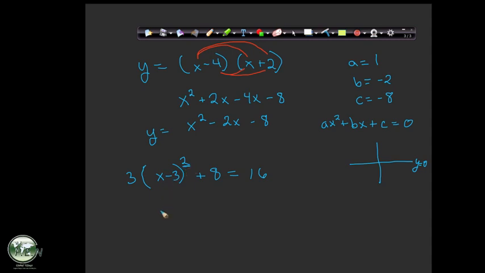Well, what does 3 squared mean? Doesn't it mean 3 times 3, which becomes 9? So couldn't we just say that this is x minus 3 times x minus 3? That's what it means.